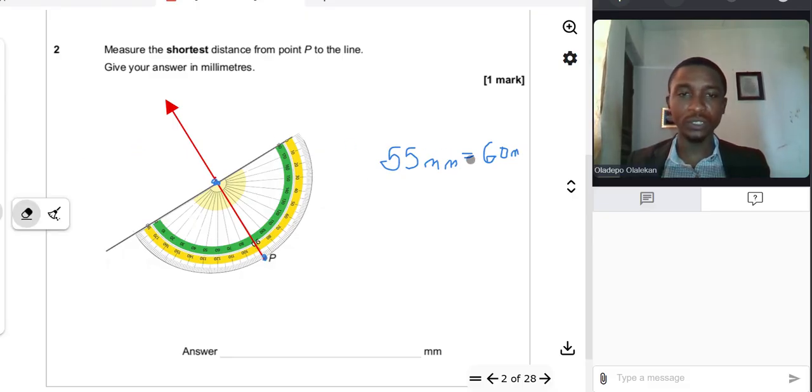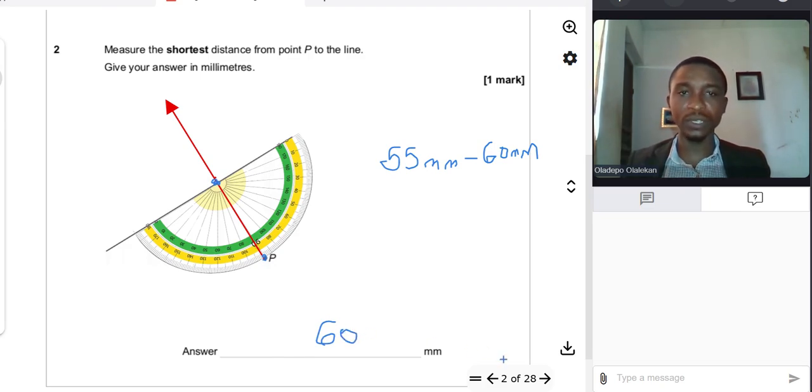What you just need to do is bisect that line. If you bisect that line, it gives you a perpendicular. Then you measure the perpendicular from the line to point P. So I'll write here 60 millimeters.